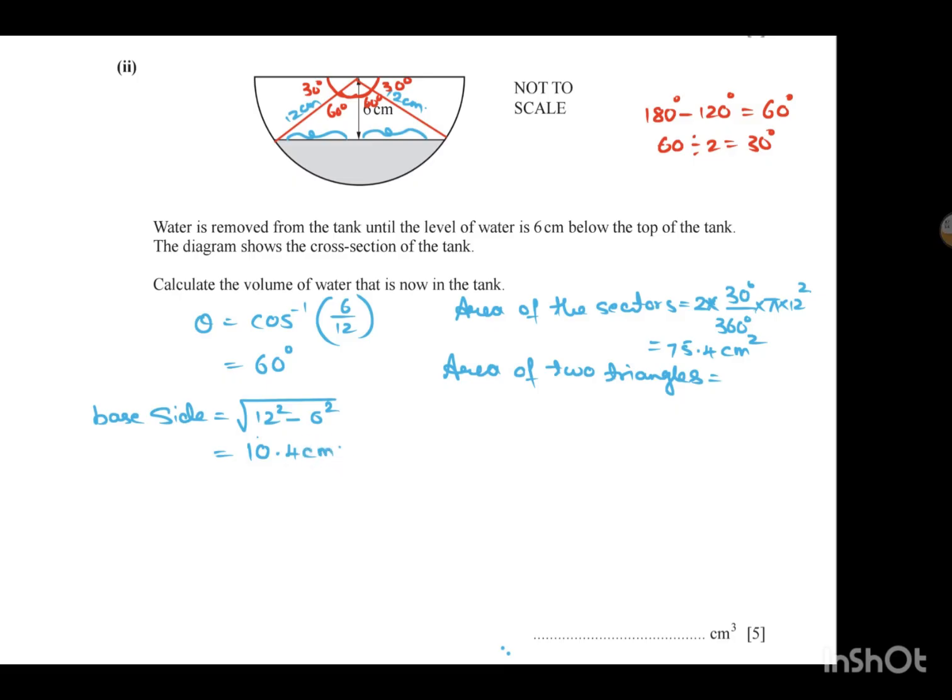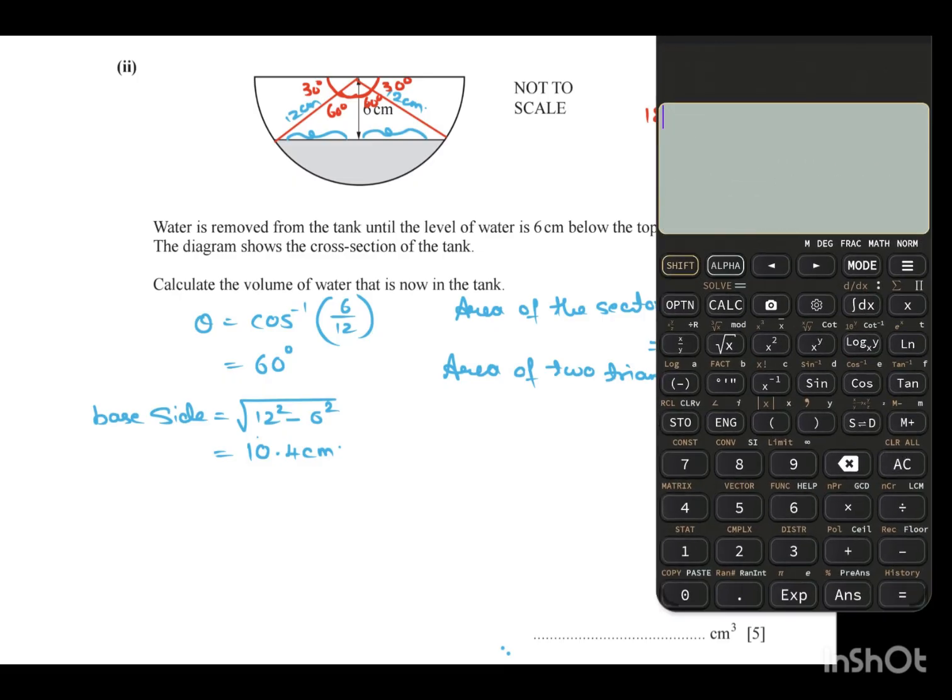So now the area of two triangles will be 2 into half into base into height. Base is 10.4 and height is 6. The 2 gets cancelled. So 10.4 into 6 will be 62.4.